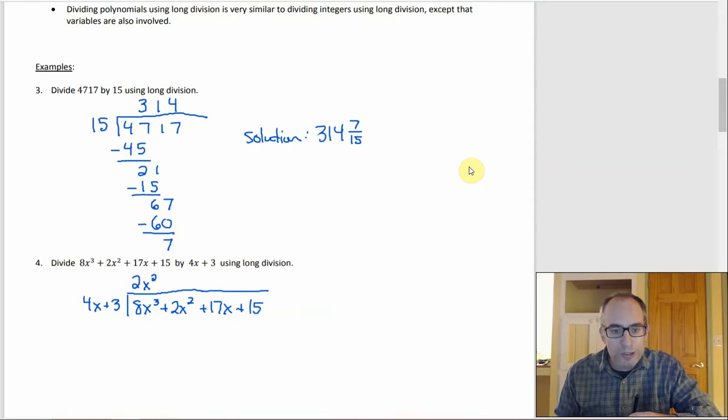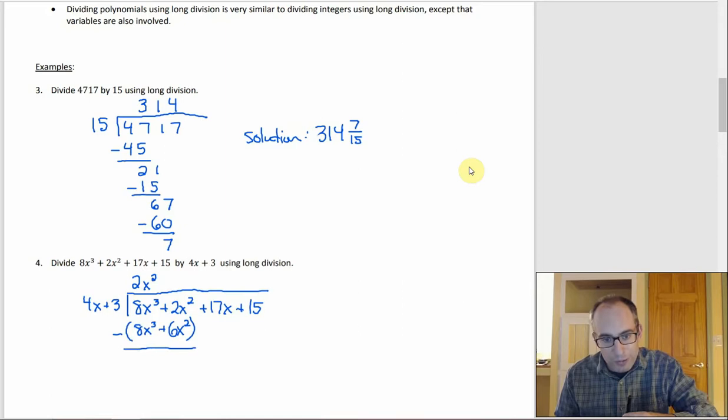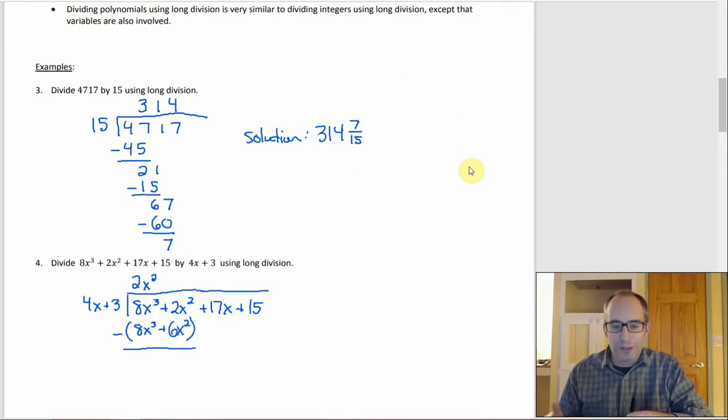And then you're going to multiply 2x squared by this. So 2x squared times 4x would be 8x cubed. But then 2x squared times 3 is 6x squared. And then we're going to subtract this, right? So just like the long division up above, you subtract, and then 8x cubed minus 8x cubed, that's nothing, right? 0x cubed.